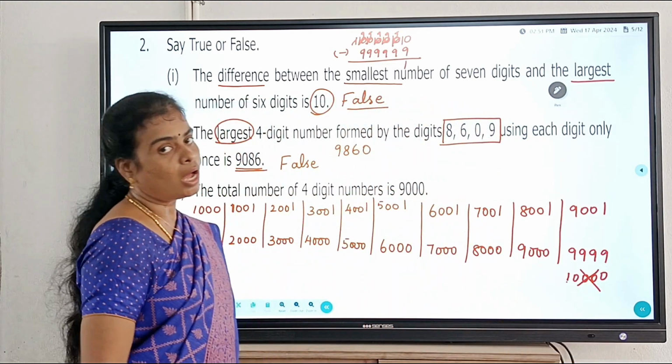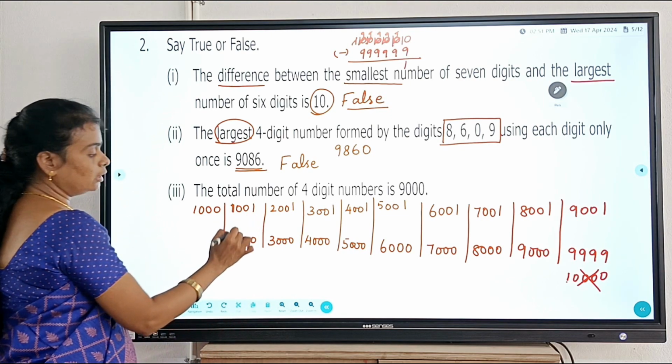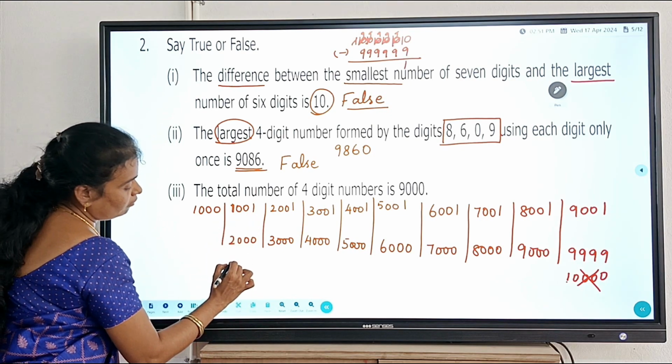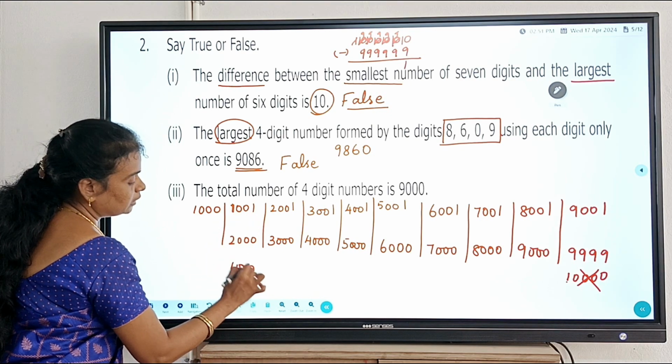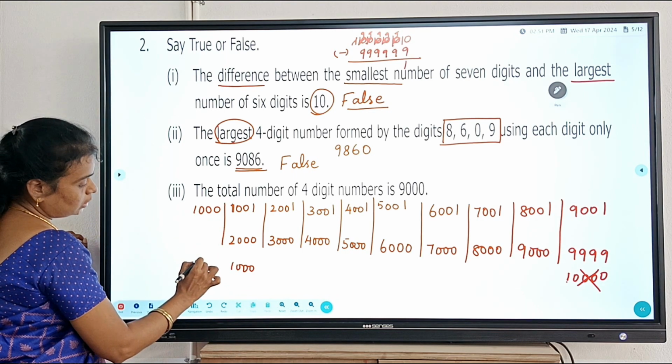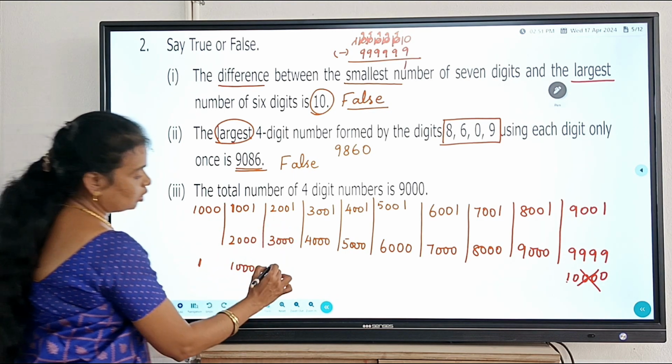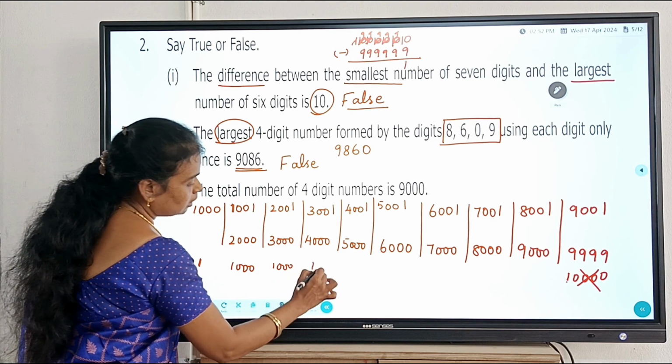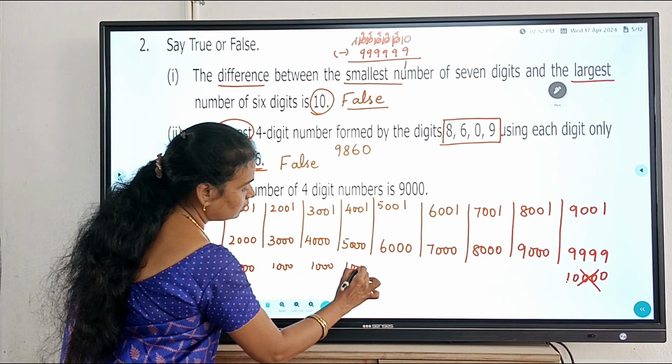be taken into account. So here from 1001 to 2000 you have 1000 numbers, isn't it? And here 1000, so one number. Here also you have 1000, 1000, 1000.